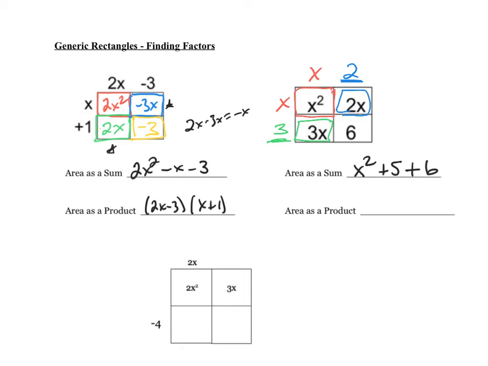Well, 3 times x would be 3x. And then the last square, I just double check that this times this gives me that 6, and 2 times 3 does. So the final answer for the product would be (x plus 2) from the top, (x plus 3) from the side. So we're just kind of doing the opposite of what we've done in the past.